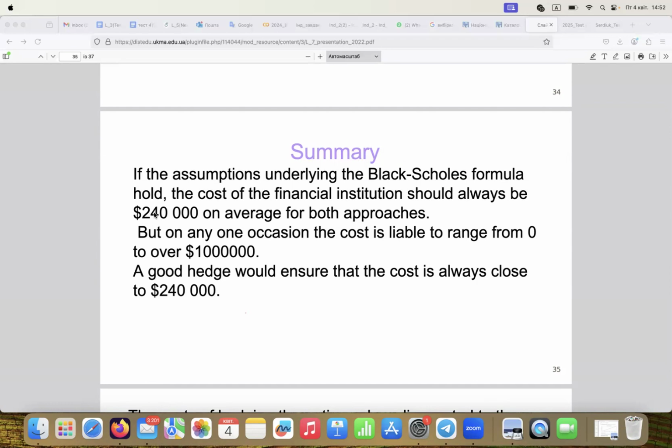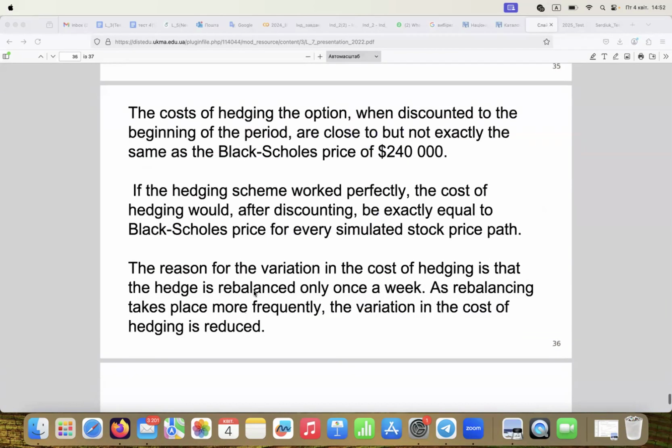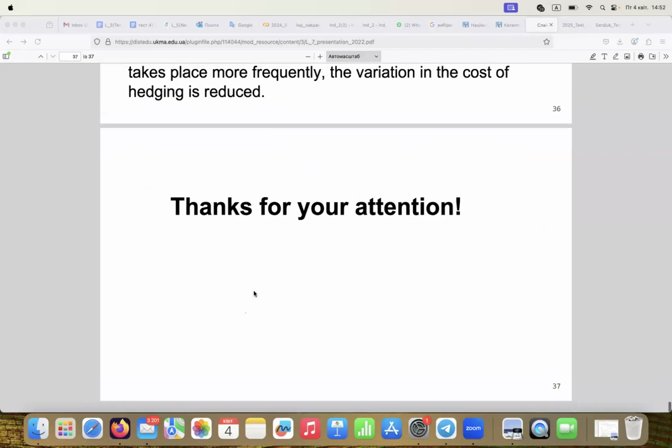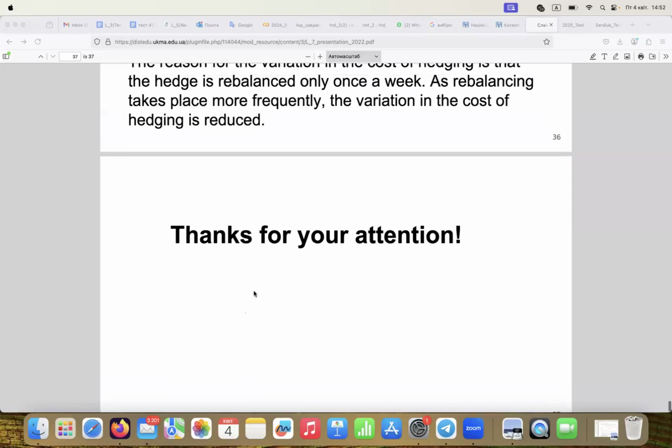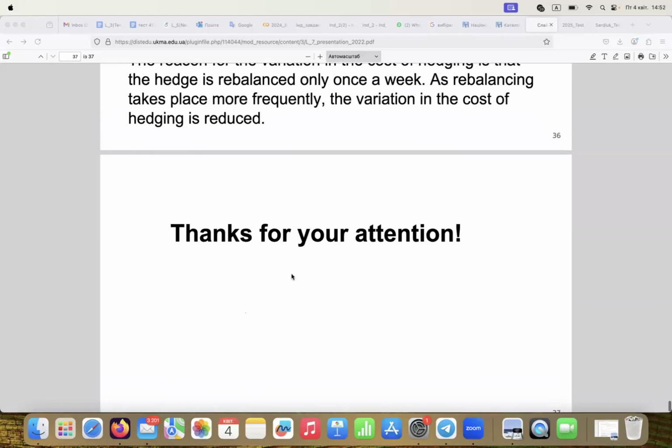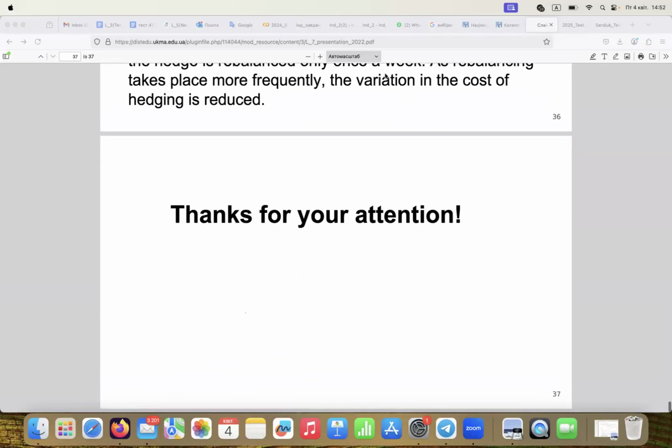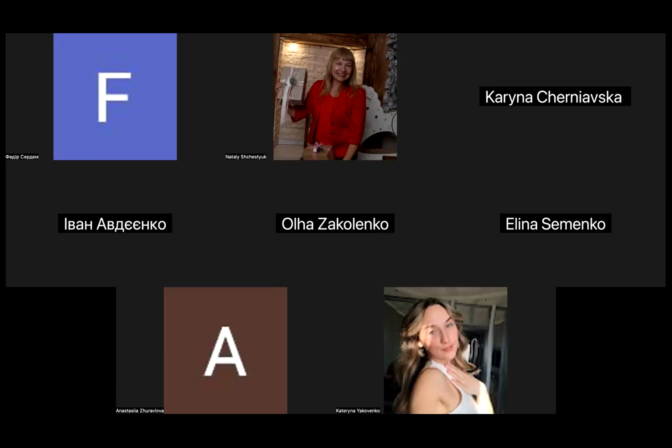It is like according to the fair price of the call option. Okay, and in practice we can see this in more detail.